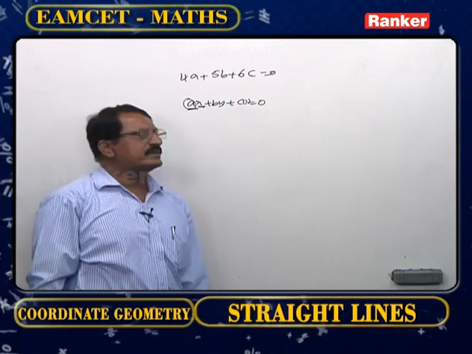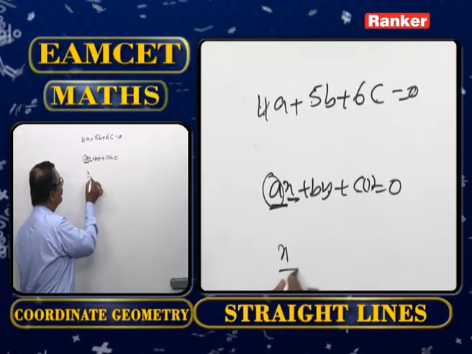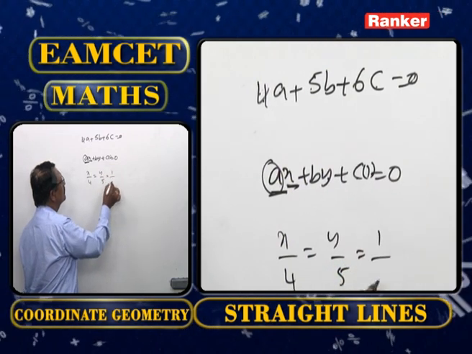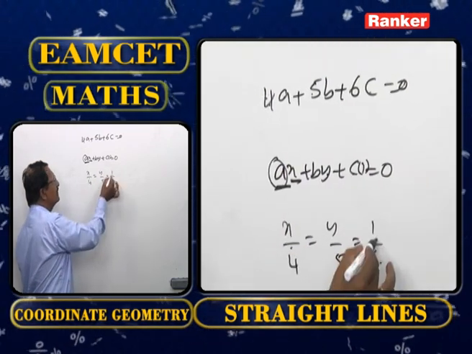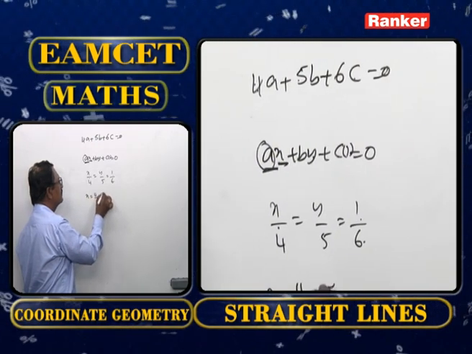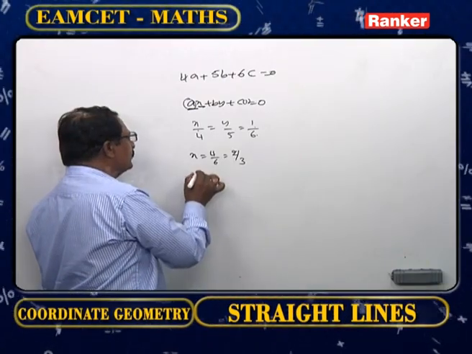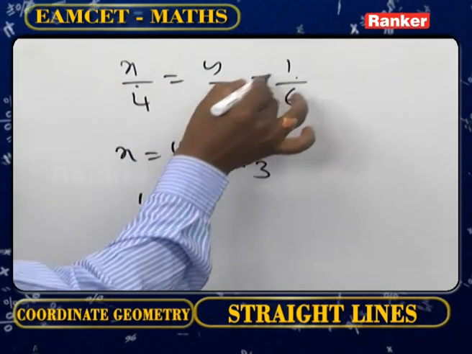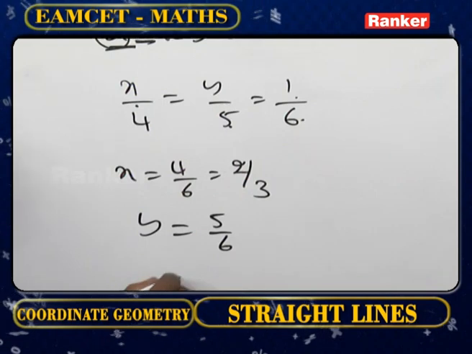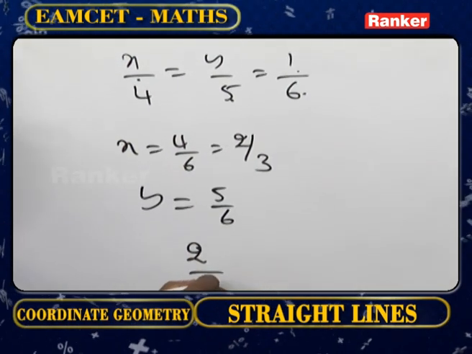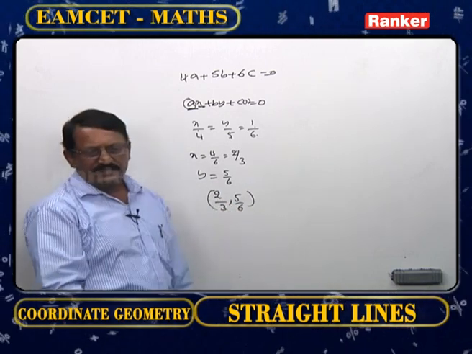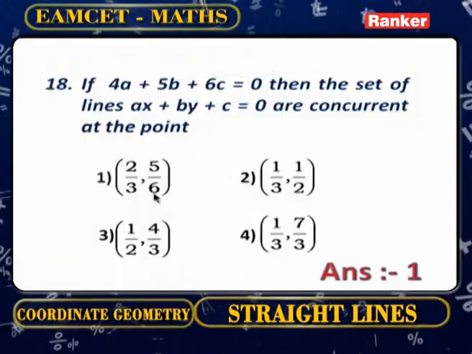Now, comparing the coefficients, we get x/4 = y/5 = 1/6. Equating first and last terms, x = 4/6, which equals 2/3. Similarly, y/5 = 1/6, so y = 5/6. Now, the required fixed point is (2/3, 5/6). So the first option is correct.